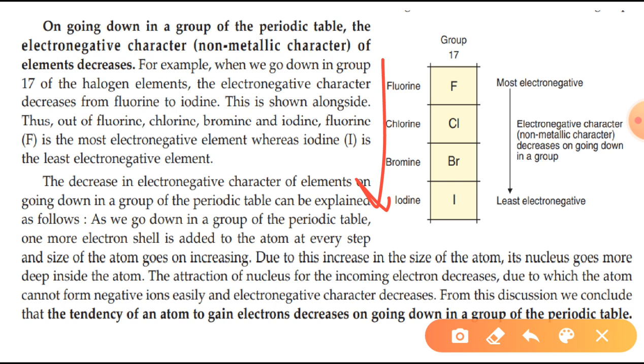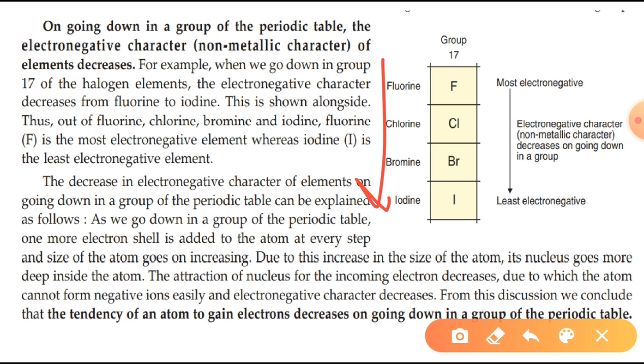And if a non-metal is unable to do so, definitely you are going to say it is less reactive or less non-metallic. So now we can conclude that down the group, the non-metallic nature decreases. Just because the size is increasing and the nuclear charge is decreasing, it's difficult for an element to accept electrons in order to form an ion.